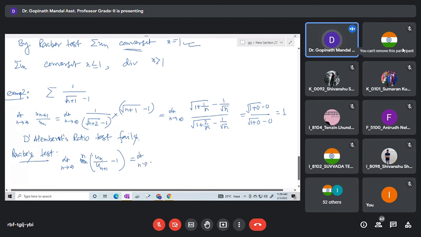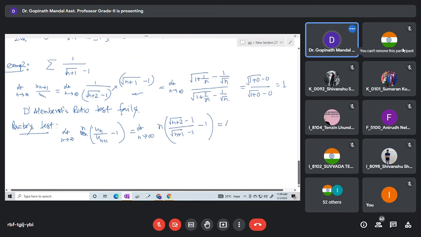So the reverse of this will be root n plus 2 minus 1, n plus 1 minus 1, minus 1.